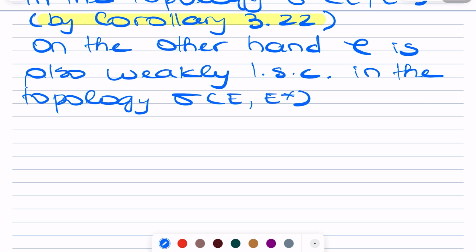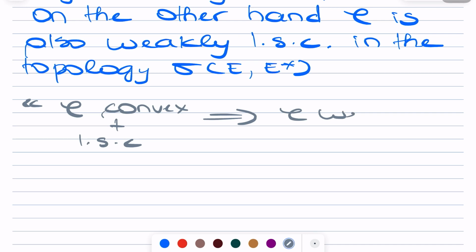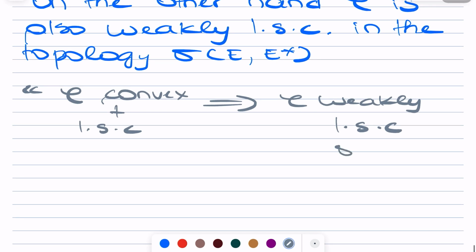Remember that we proved that phi convex plus lower semi-continuous, or even continuity, implies phi is weakly lower semi-continuous, for this topology of course.